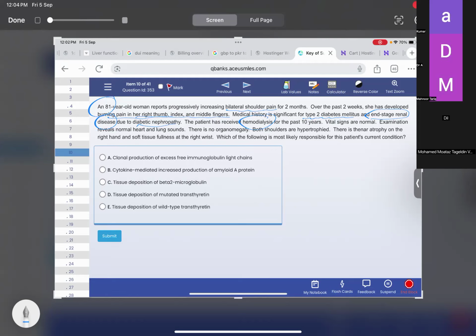If you don't get the exact answer just from the stem, look into the options so you will understand what they are asking, okay? Sometimes the options are also helpful to understand the question completely. So they are talking about transthyretin, beta-2 microglobulin, amyloid A proteins, and light chain.